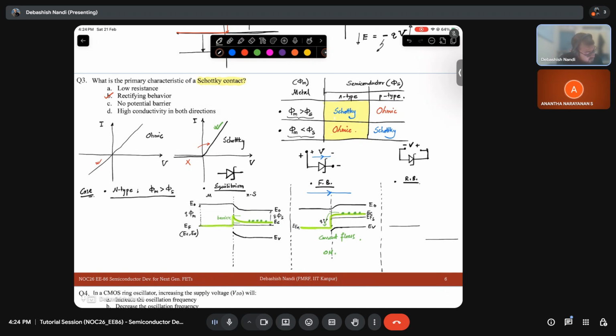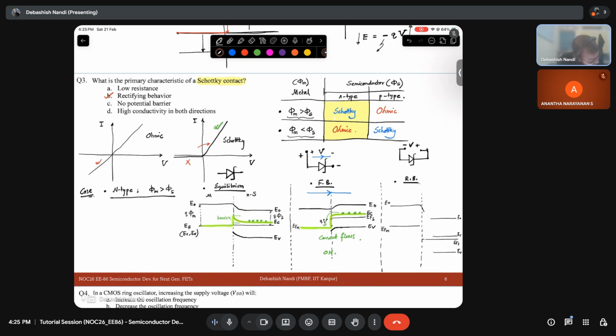Now the Fermi level of the metal will be higher. So this will be my EFS, this will be my EFM. Somewhere here will be my E0, here will be my EC, and here will be my EV.